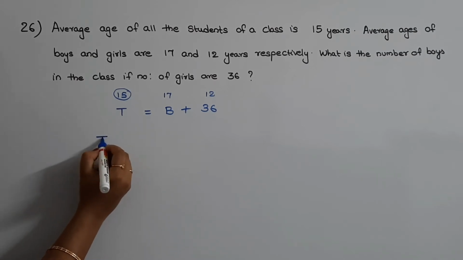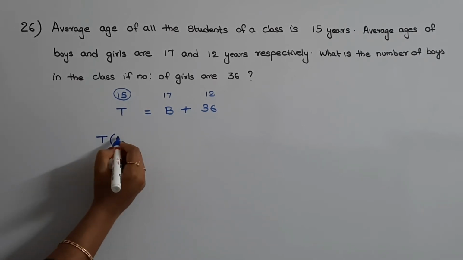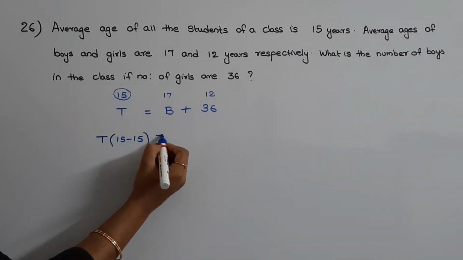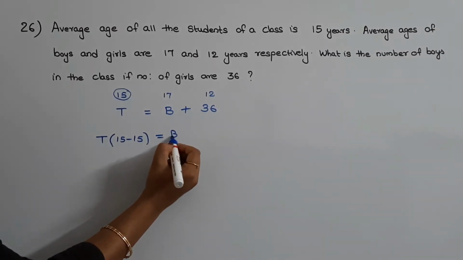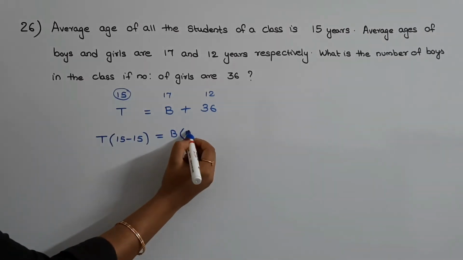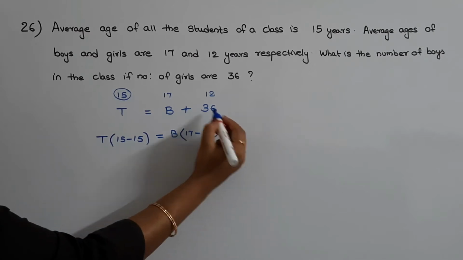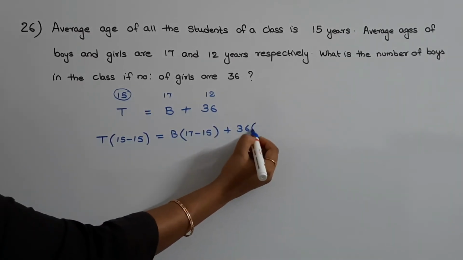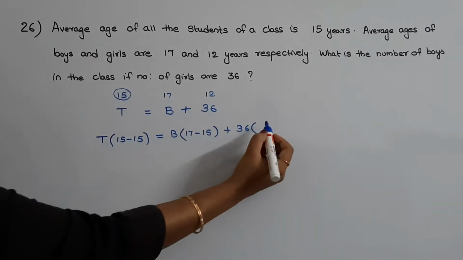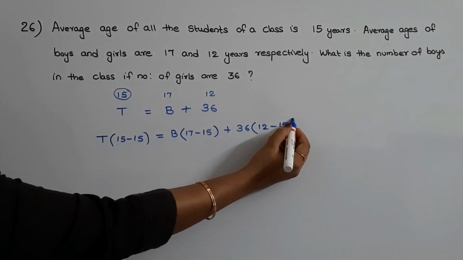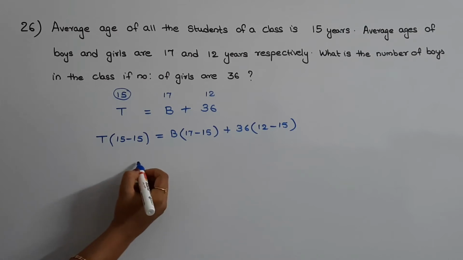Then this part will become 0. That is T into its average 15 minus reference value 15. That is equal to B into its average 17 minus reference value 15, plus this 36 into its average 12 minus reference value 15. So this will be equal to 0.